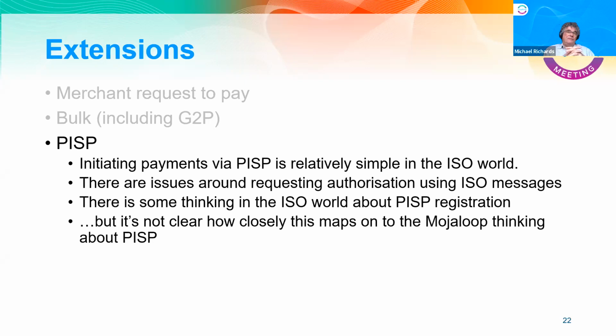So to summarize, I think we've been reasonably successful in proposing a way in which the ISO message structures could be mapped onto the Mojaloop transfer orchestration processes, and how we could extend it to provide nearly all of the functionality that we currently provide.